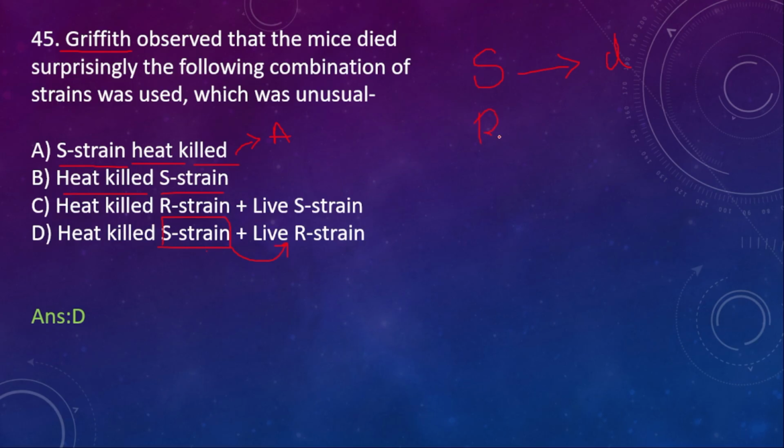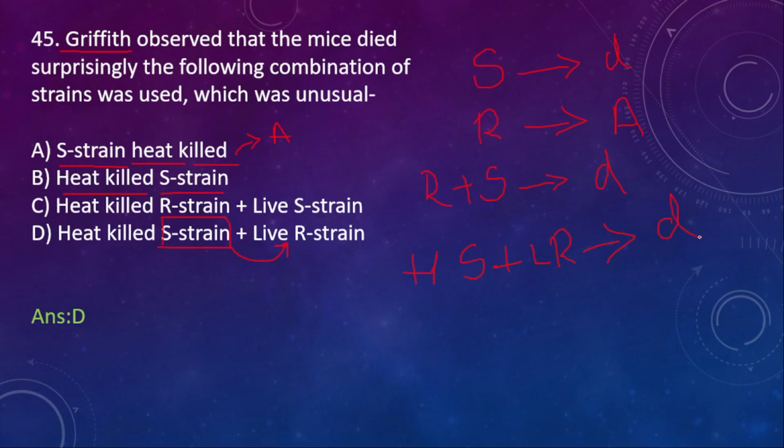Next, he used rough strain and injected it to mice, and the mice were alive because it was non-virulent. Again, he heat killed rough strain and mixed it with the normal S strain, injected it to mice, and then the mice died. Next time, he heat killed S strain and mixed it with live R strain, and then the mice?